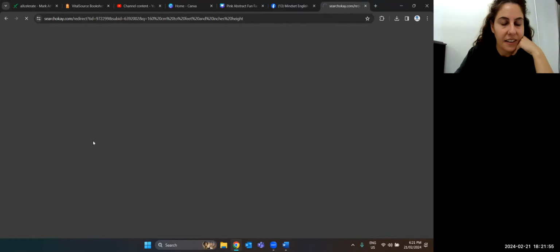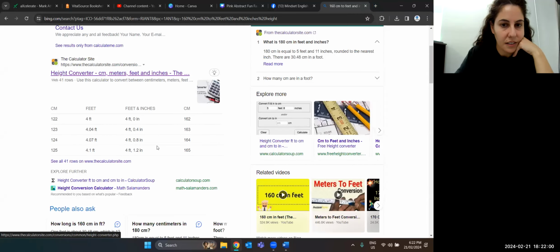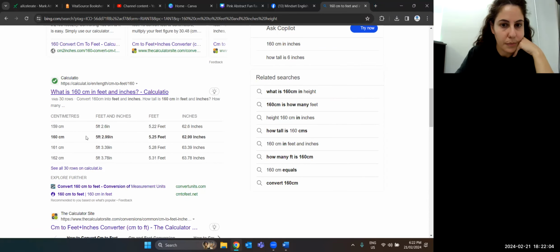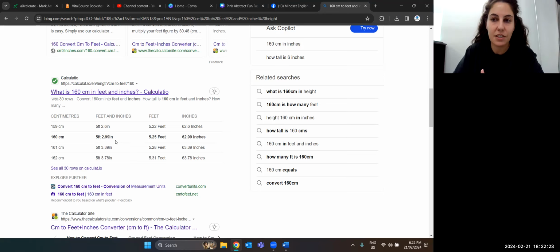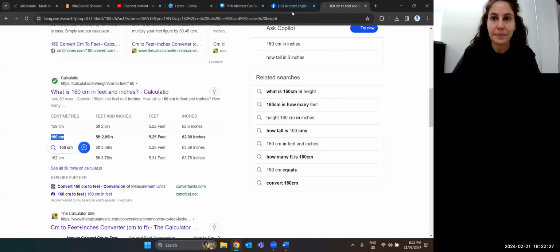They would say that they are 5'3". If I'm 160 centimeters, that's centimeters is what we use. In the USA, they use foot and inches, 5'3". So it's just very different. So we go with centimeters.